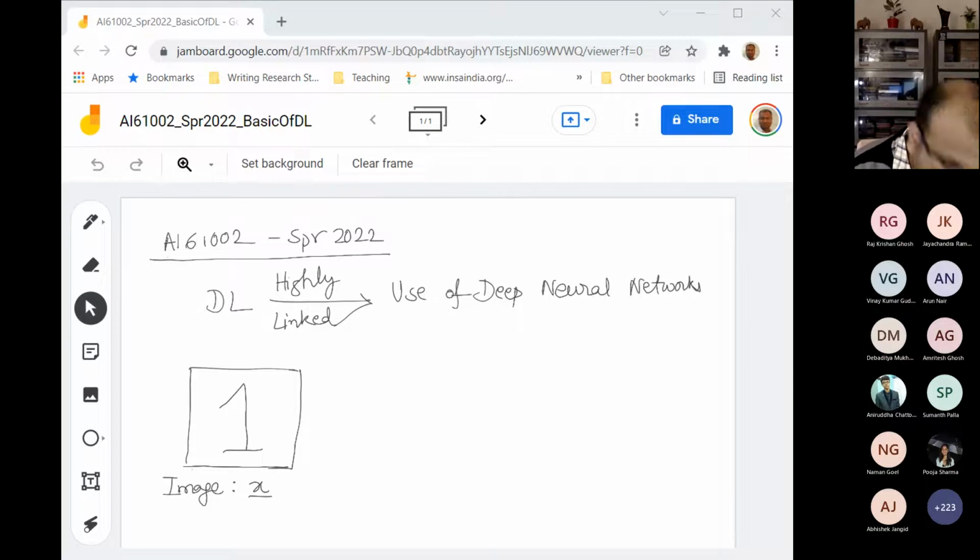Now this x is made out of a set of what we would call pixels or elements present over here. So say this x, or this image, can be considered as an arrangement of multiple such scalar elements.